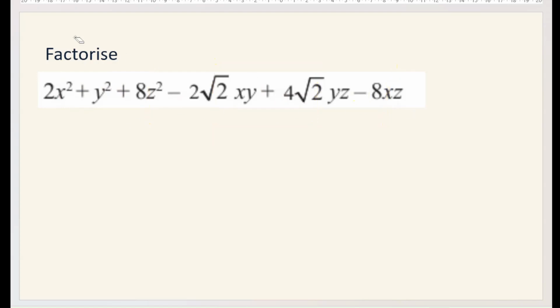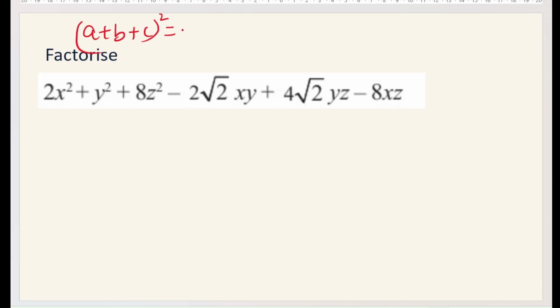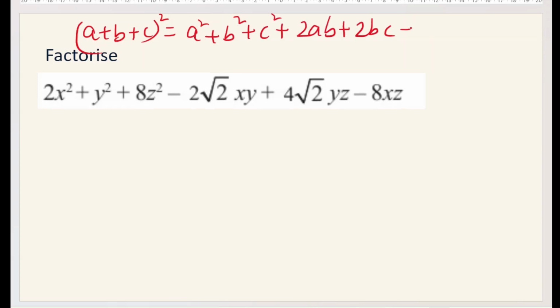So now, is there any identity which has 6 terms? Yes. Which identity? (A plus B plus C) whole square is equal to A square plus B square plus C square plus 2AB plus 2BC plus 2CA. This has 6 terms. So now we have to convert this expression into this form.